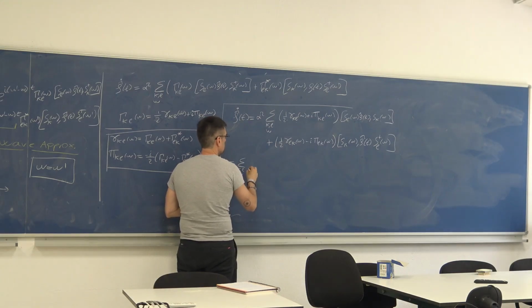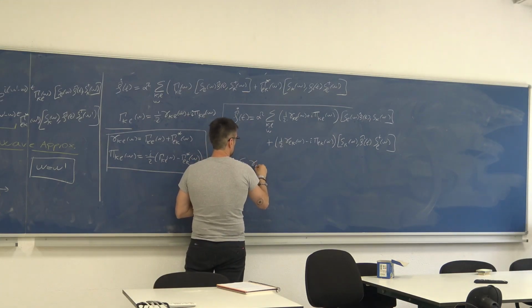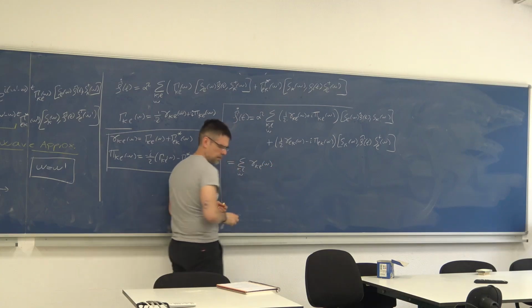L and omega will be just gamma KL of omega.